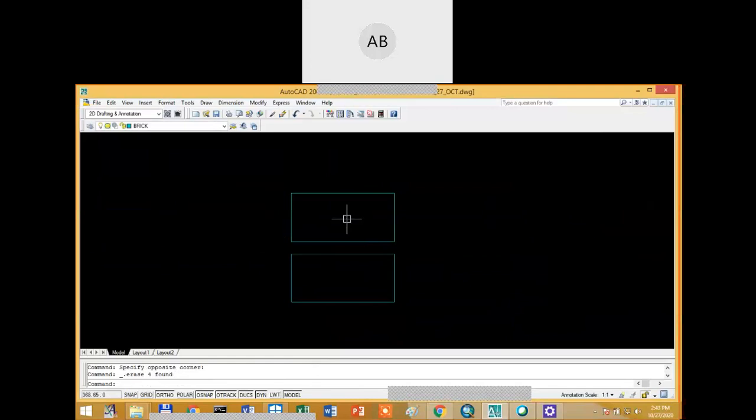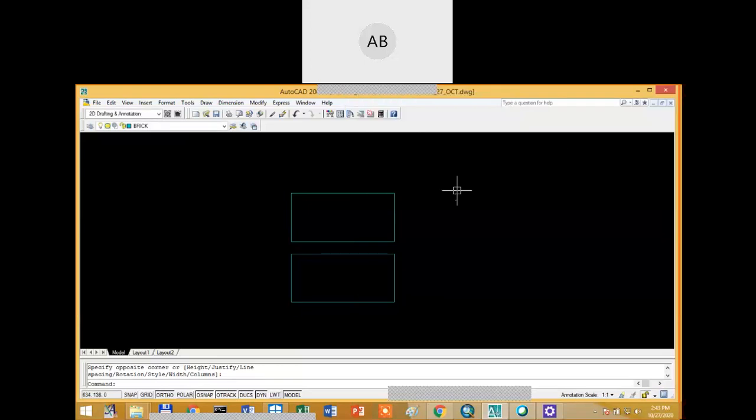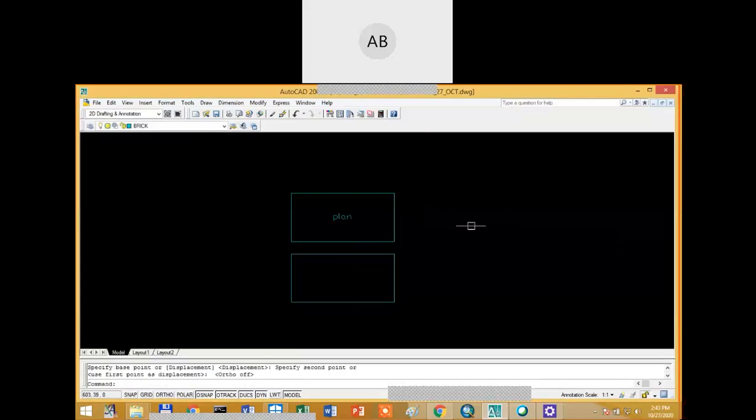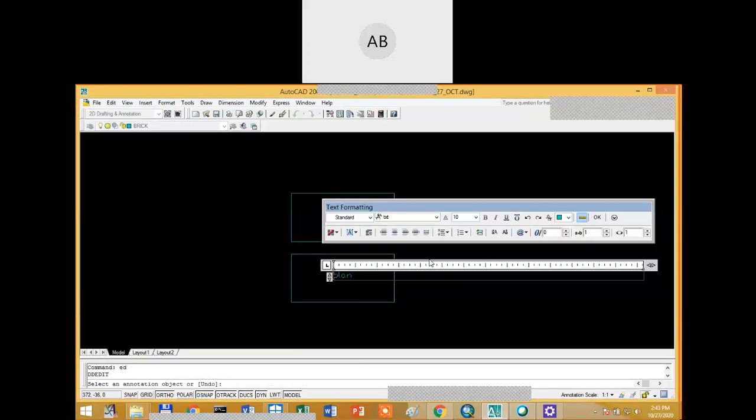This is my plan. Now this is my front elevation.